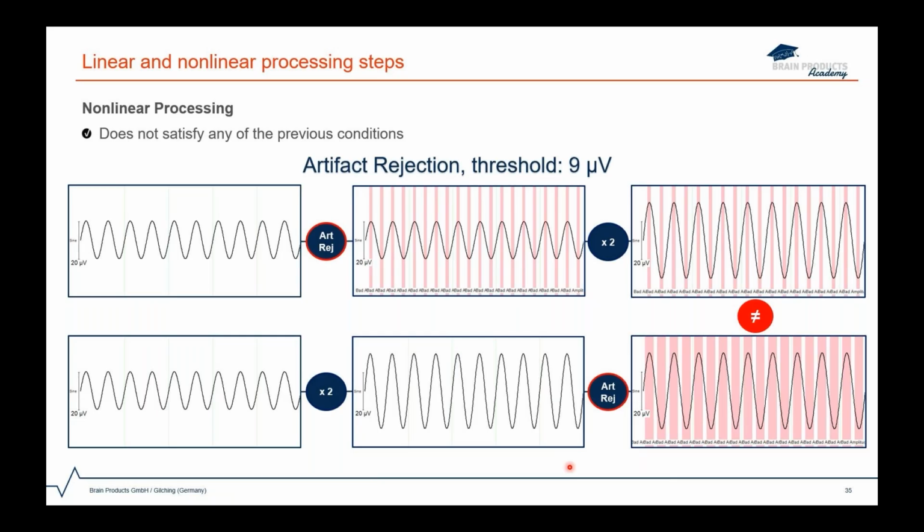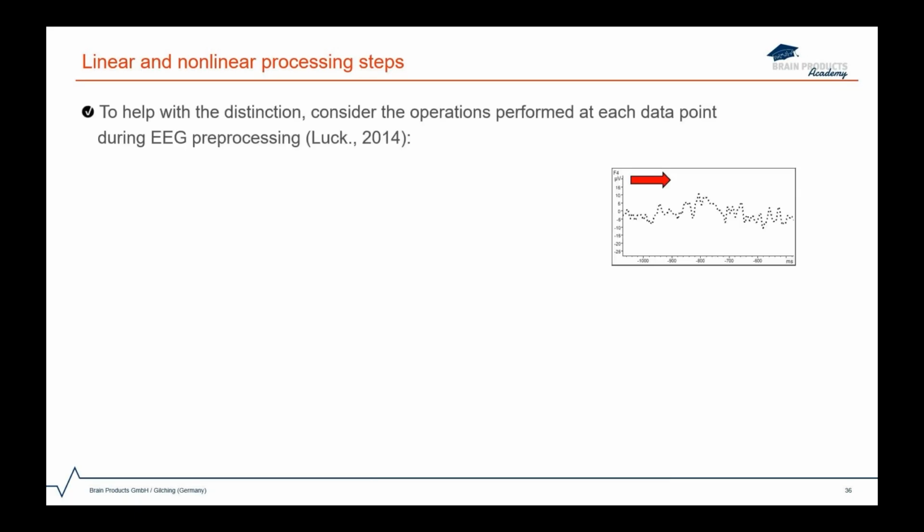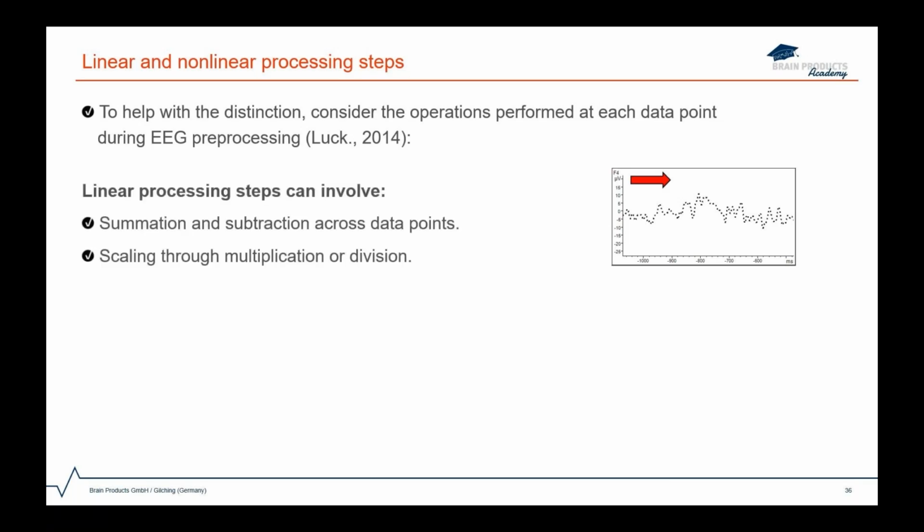But normally, as we go through the EEG preprocessing, we wouldn't be performing this kind of test. So to help us distinguish between the linear and nonlinear processes, we can use the following rules, in which linear processing steps can involve summation and subtraction across data points, or scaling through multiplication or division.